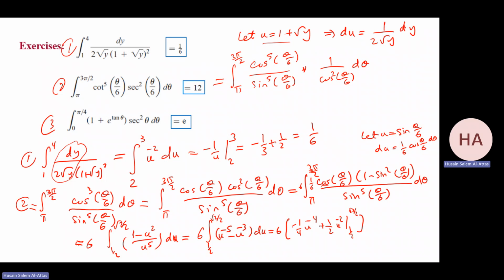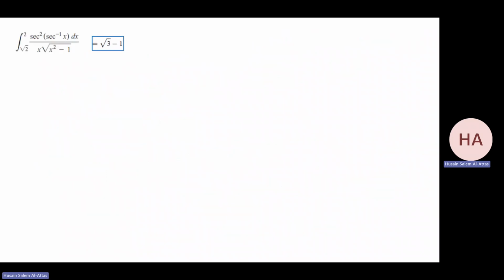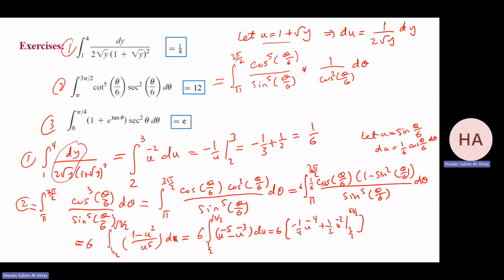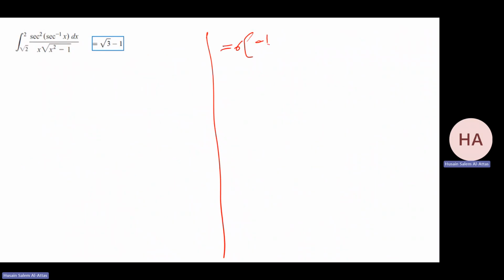Let me take it to the next page. Yeah, split this. So I have 6, sorry for that, but this is minus 1 over 4 u to the minus 4 plus half u to the minus 2 from half to square root 2 over 2. Yeah, it's not that difficult, but a method of calculation.